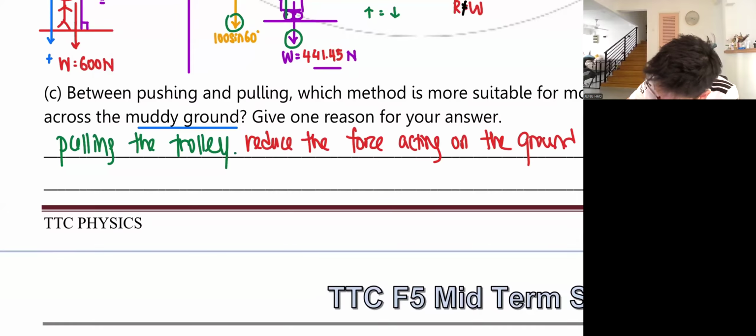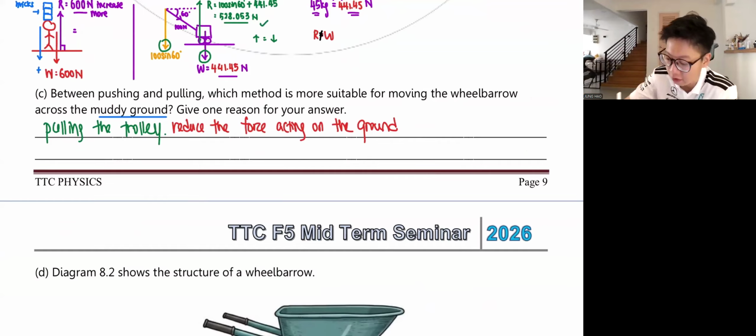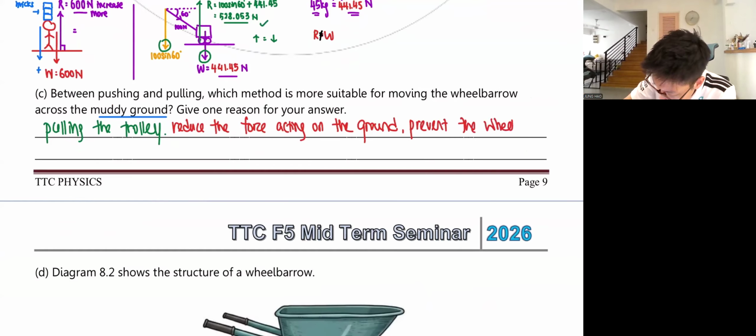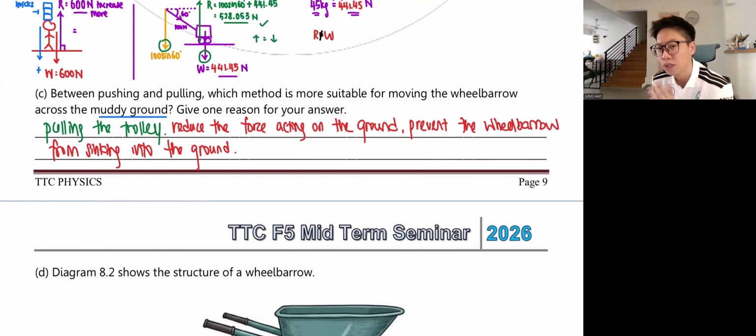So therefore we pull the trolley so that we can reduce the force acting on the ground. Pulling the wheelbarrow also makes it feel lighter. If you reduce the force acting on the ground, it will prevent the wheelbarrow from sinking into the floor.